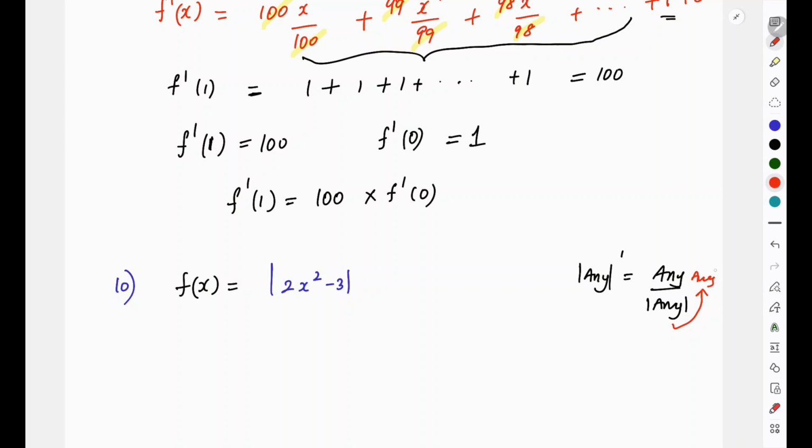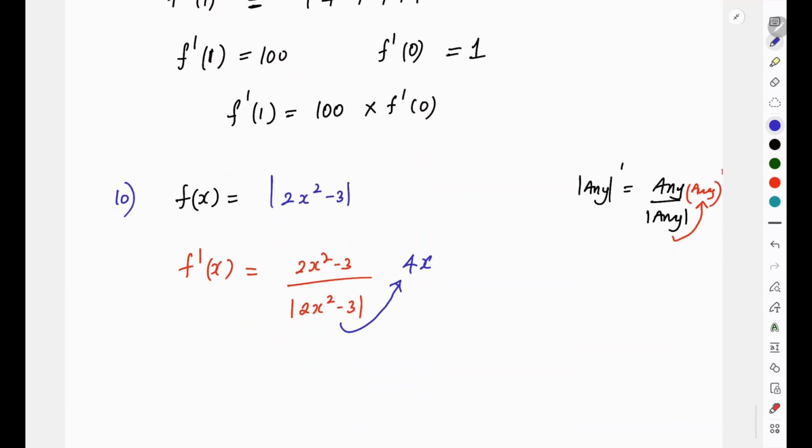Same thing we are going to perform here. So we get 2x square minus 3 divided by mod 2x square minus 3, and this differentiation is what? 2x squared derivative is 4x. So that's our answer.